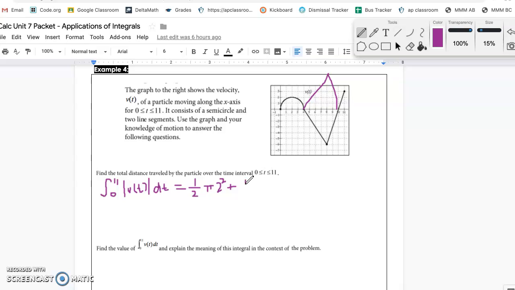So it's 1/2, my base is 6, and my height is going to be 6. Plus the area of this triangle, which is going to be 1/2 base times height. So 1/2 times 1 times 3.